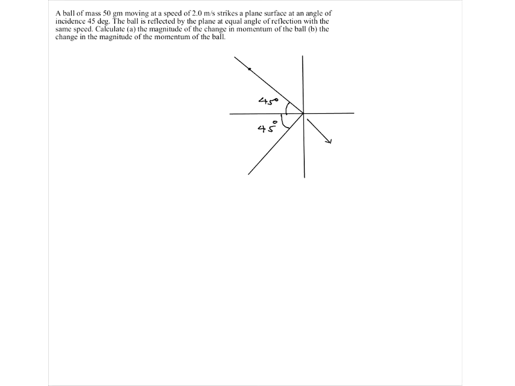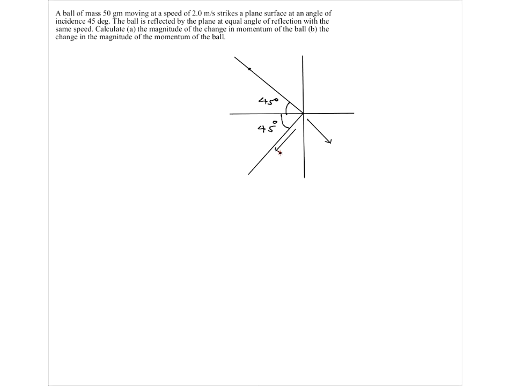So that's pf. With the same speed. With the same speed means magnitude wise these two vectors are equal, isn't it?